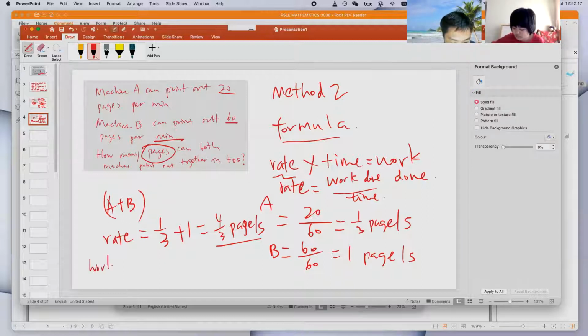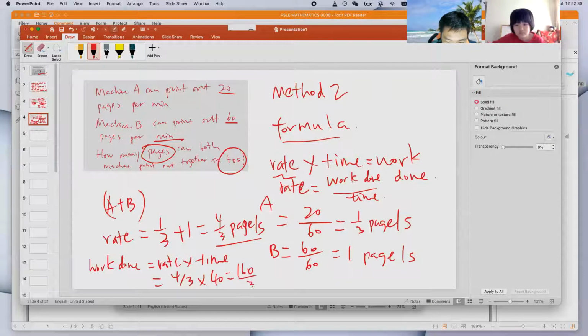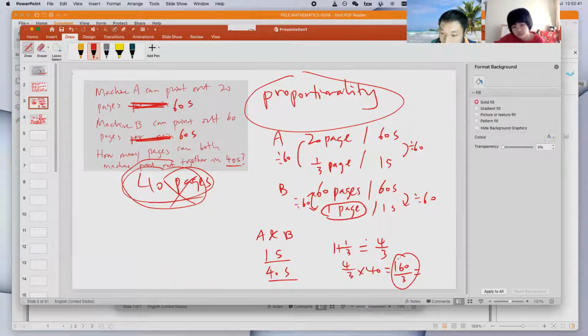Work done is equal to rate times time. The rate together is 4/3, the time given is 40, so the answer is 160 divided by 3. This is a mixed number. So I have arrived at the same answer for both methods.